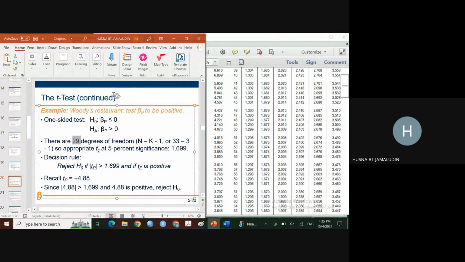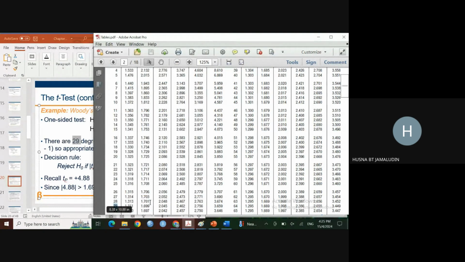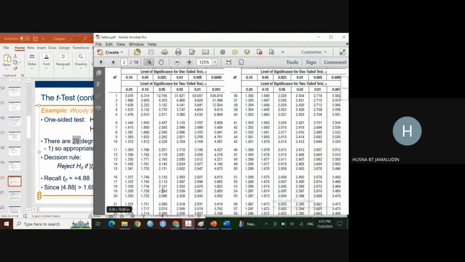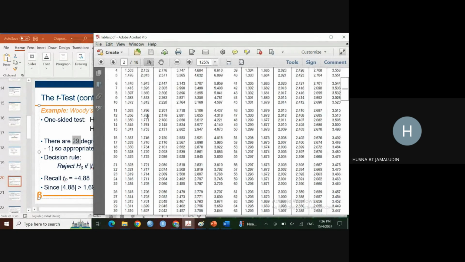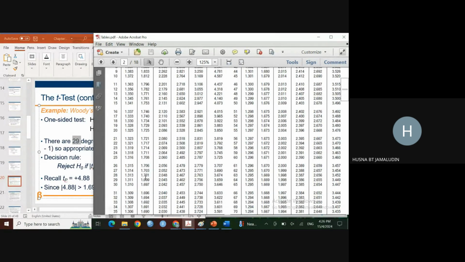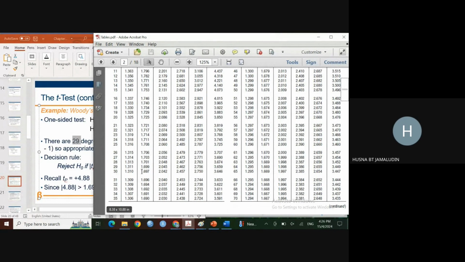This is a one-side, one-tail test. So this is two-tail test. Then look at one-tail test, and you are using 5%. Where is 5%? This one. Okay, one-tail test, 5%. So go down to 29. Where's 29?